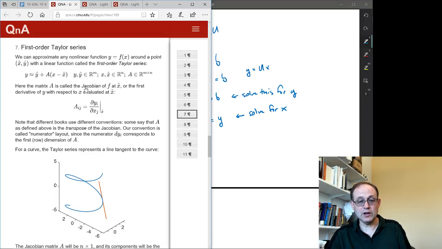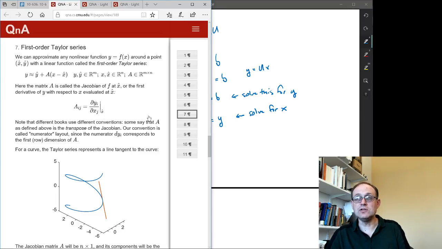Here x and x hat are in R^n, y and y hat are in R^m, and A is a matrix in R^(m by n). This generalizes the previous two cases of vector inputs and vector outputs, because we can always take either m or n equal to 1. The matrix A in this case is called the Jacobian, or the first derivative. We can write it out like this: the components of A, Aij, are the partial derivative of yi with respect to xj evaluated at x hat.